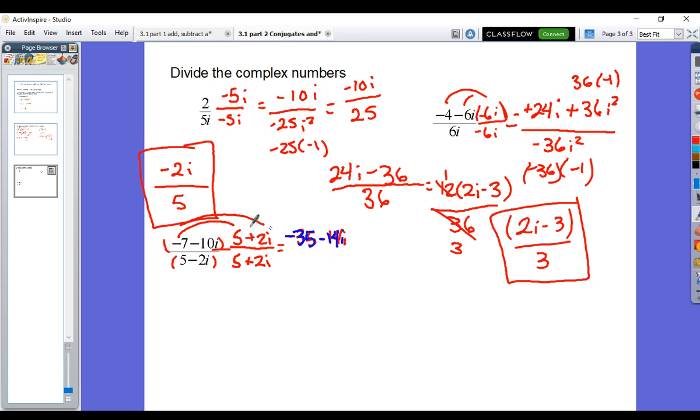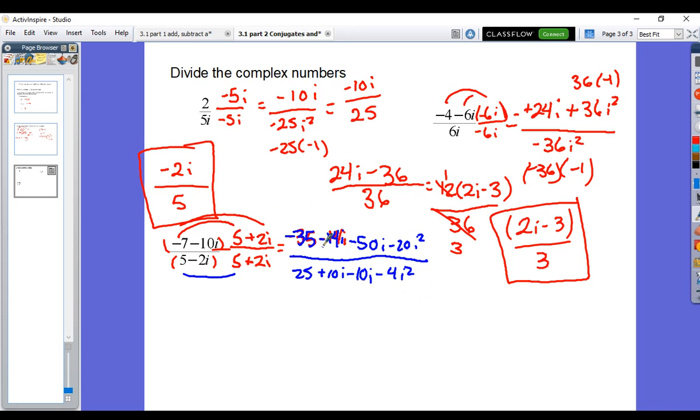And then negative 10i times 5 is negative 50i. And then negative 10i times 2i gives us a negative 20i squared. And on the bottom, multiply those two, you get 25. And then plus 10i minus 10i, and then minus 4i squared.